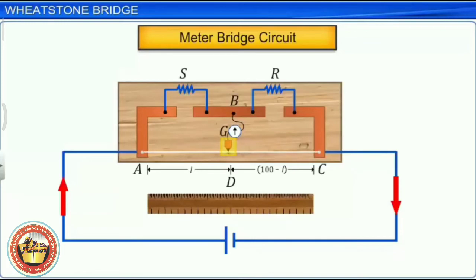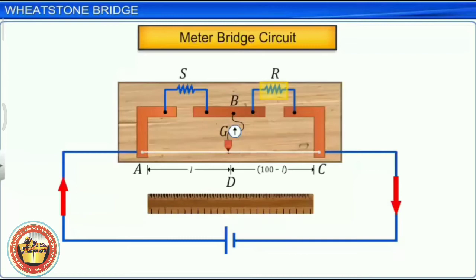It is a practical form of the Wheatstone bridge. The edge of the jockey slides over the metallic wire, which has constant resistance and uniform cross-sectional area.